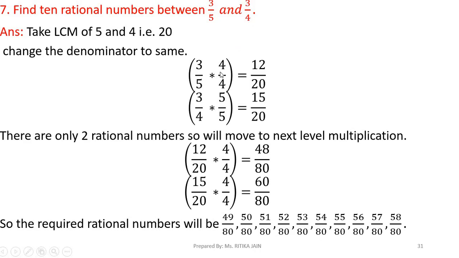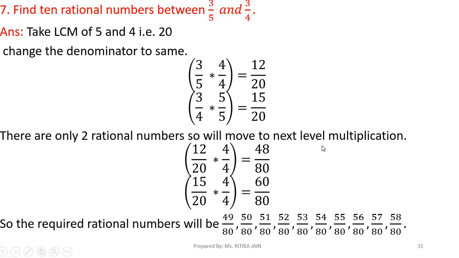So we will multiply the first rational number by 4 by 4, sorry, it will give you 12 by 20. 3 by 4 into 5 by 5 will give you 15 by 20. The integers between 12 and 15 are 13 and 14, only 2 rational numbers. So again this will not serve our purpose because we need to calculate 10 rational numbers.